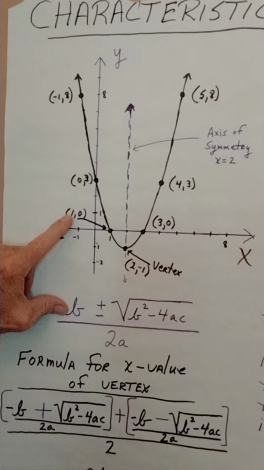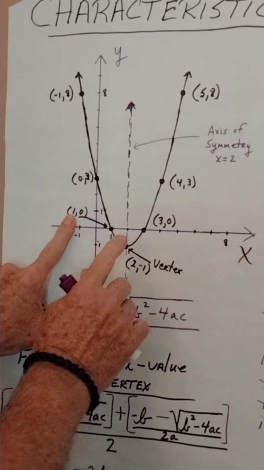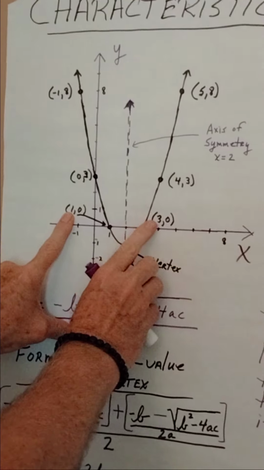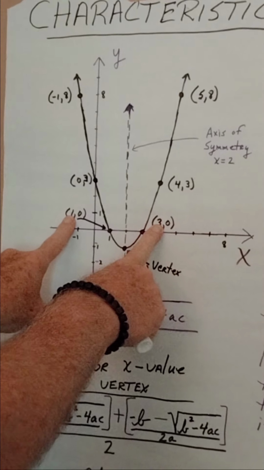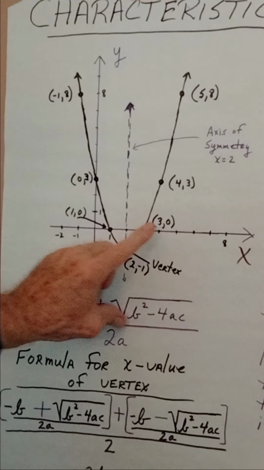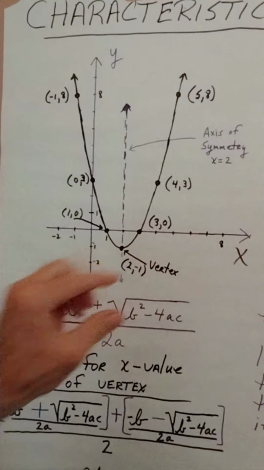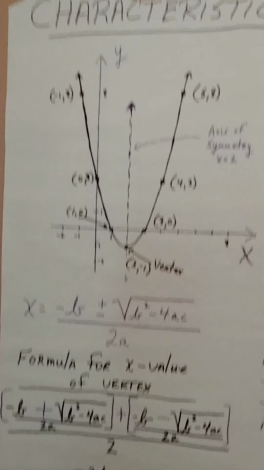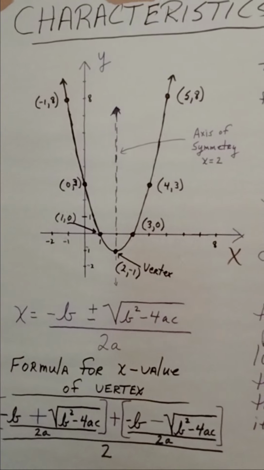We have one x value here of 1, and its mirrored brother on the other side has an x value of 3. There's 2 items in this little set, an x value of 1 and an x value of 3. Those are the x values of this pair of mirrored points. If we find the average of these 2 x values, the 1 and the 3.